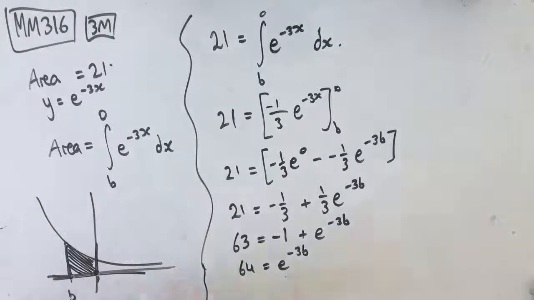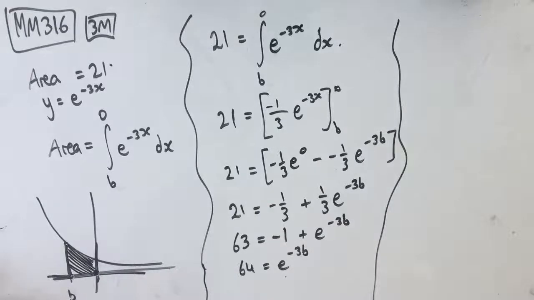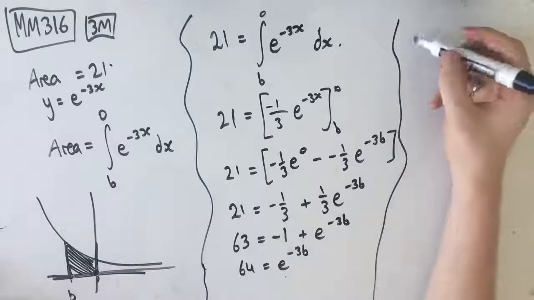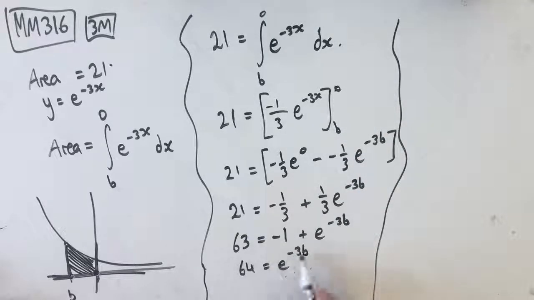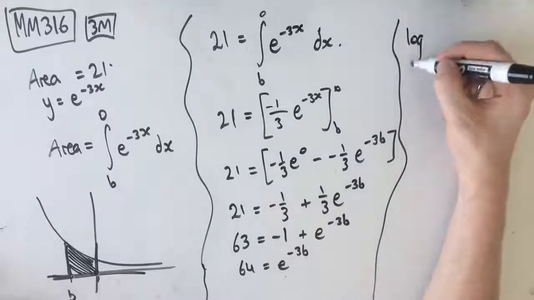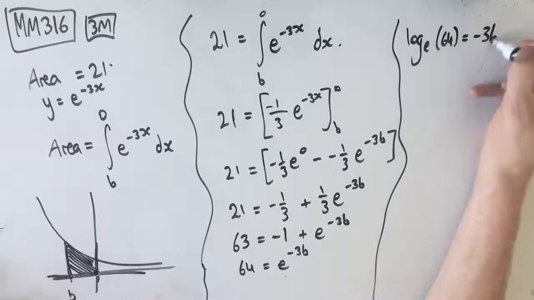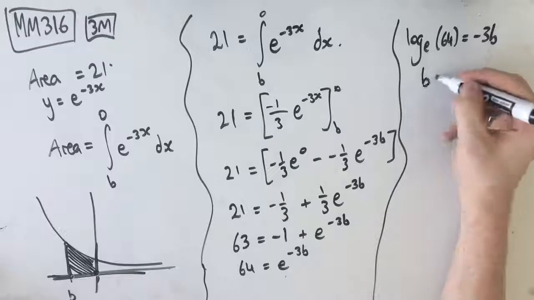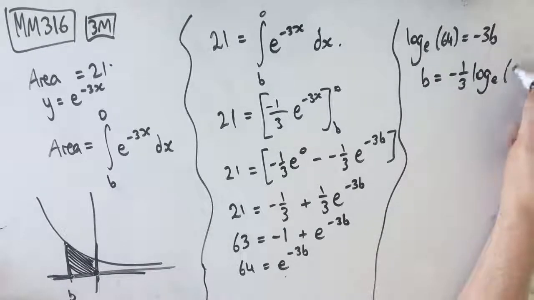Then, according to our fundamental log law, log e of 64 is equal to negative 3b. And now that means that b is equal to negative 1 on 3 log e of 64.